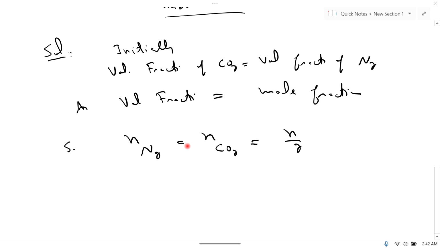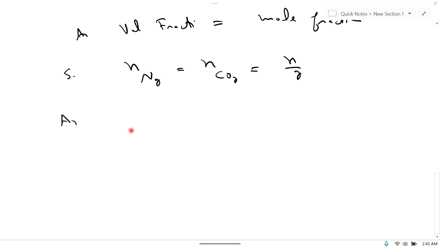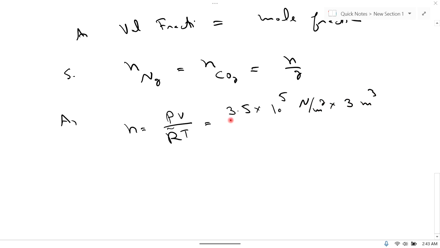So first we find the number of moles, N. As we know that PV is equal to nRT, so N is equal to PV divided by R dash T. Pressure is given in problem 6.4, and we can use the data of problem 6.4: 3.5 multiplied by 10 power 5 Pascal or Newton per square meter. Volume is given in problem 6.4, 3 cubic meter.